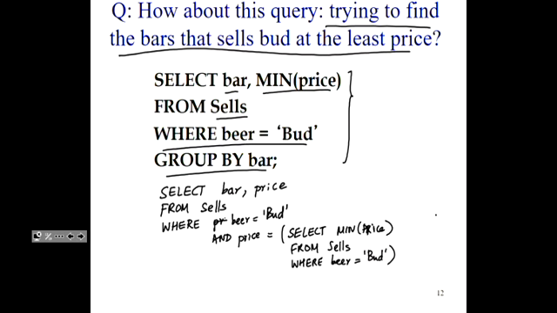So this is the minimum possible price that I can have for bud, right? And if I'm setting price to be equal to that, then that gives me all of the bars that are selling bud at the least possible price.